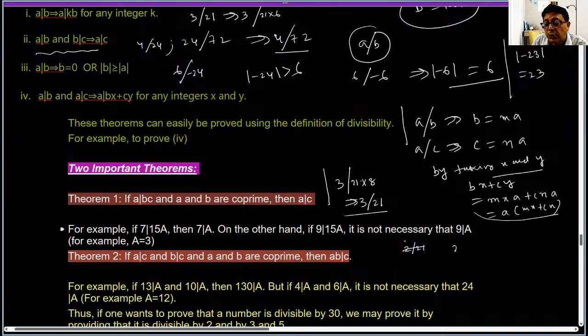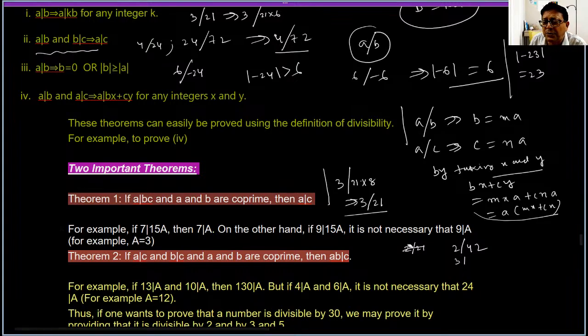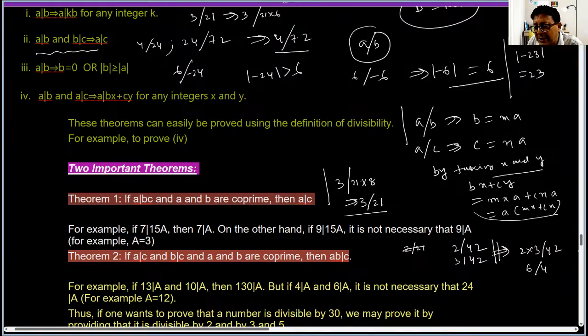No. 2 divides 42. 3 divides 6? No. 3 divides 42 only. According to this theorem, this will imply that 2 into 3 divides 42. So easy to understand, 6 divides 42.